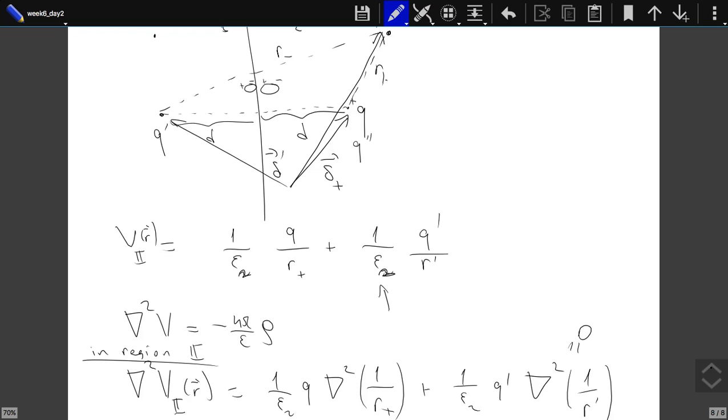So if I had put epsilon 1 over there, it would have diverged. It doesn't really make too much of a difference because we still didn't define Q prime. I can define, for example, it might turn out that Q prime is equal to epsilon 2 over epsilon 1 times something. Then epsilon 2's will cancel, I have 1 over epsilon 1, nothing to do.